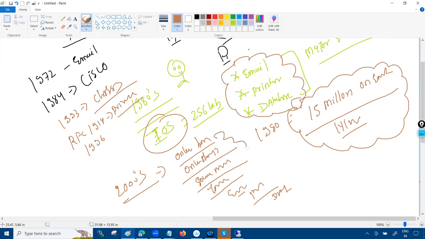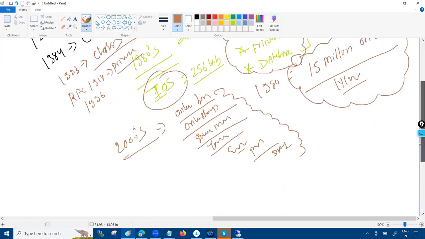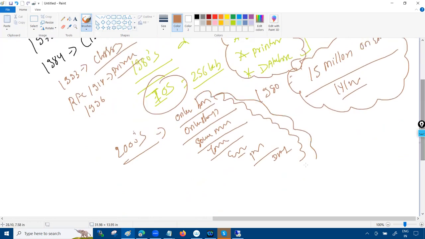To maintain all these services, because the users were huge in the 2000s time. Can you see that in 1959 only 4 PCs were there? Then in the 90s, 15 million users, and in 2000 the services came in the picture. To maintain these services, iOS was not sufficient.